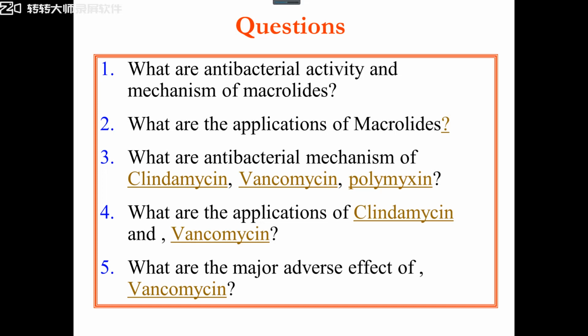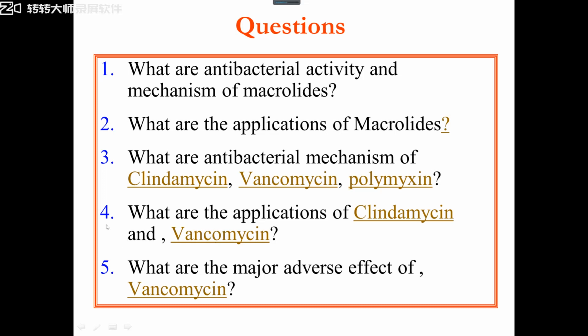Mycoplasma and chlamydia infection as the first choice. What is the antibacterial mechanism of clindamycin? Do you remember? Yes, protein. Vancomycin, the word is cell wall. Polymyxin, do you remember? Cytoplasmic membrane, inhibit the cytoplasmic membrane.